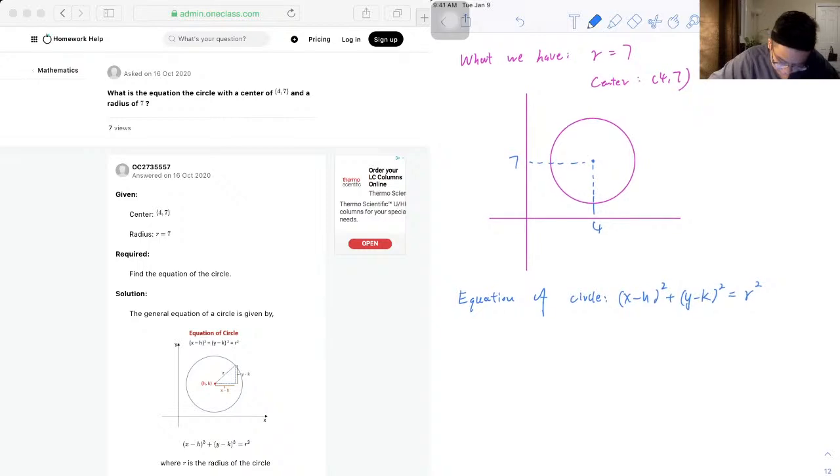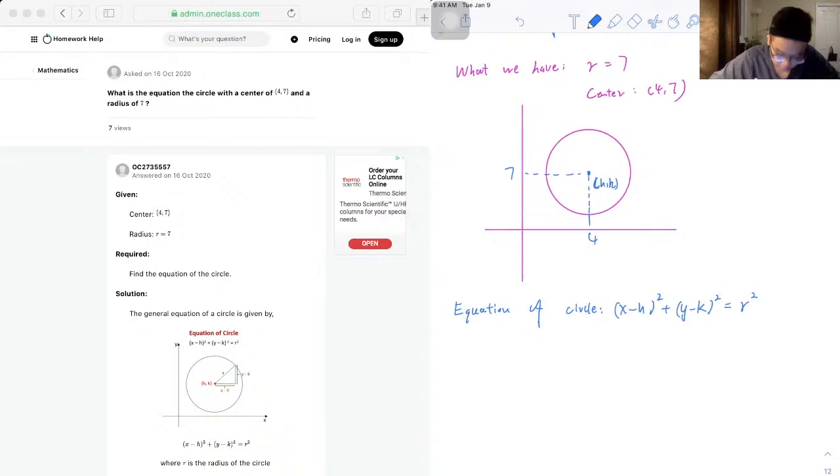And yeah, so let's say this point is h, k. So, and here will be our radius. So this part, if we create a right triangle here, the height will be y minus k, and the base will be x minus h.